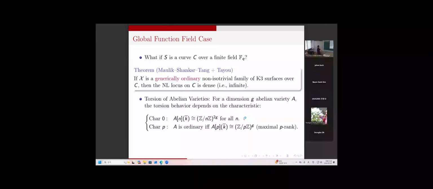But if you're in characteristic p and you ask for p-torsion points, then you're ordinary if and only if you're isomorphic to Z mod pZ to the rank g. And this is already the maximal p-rank you can have. So note that in characteristic 0 you have 2g, and in characteristic p you have g.